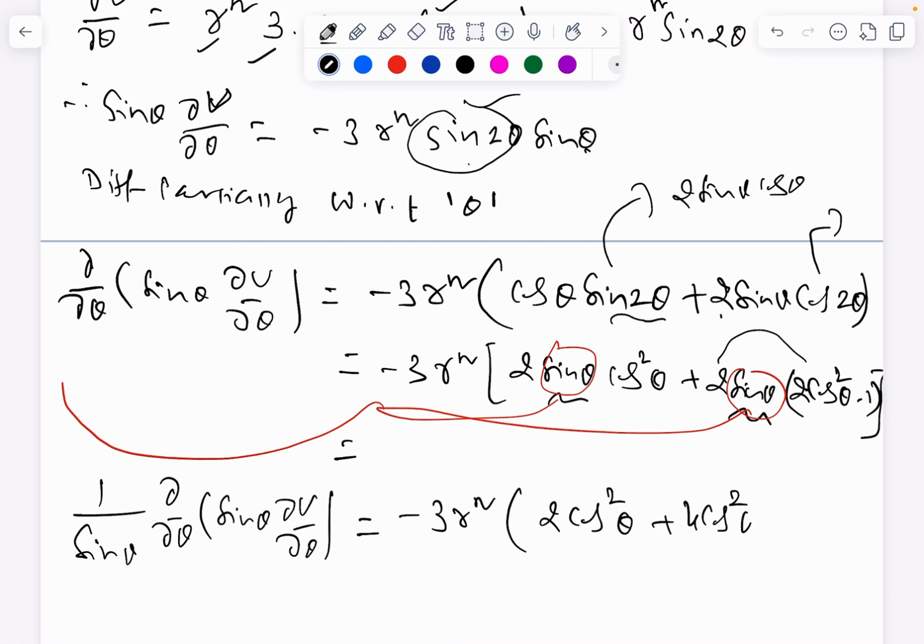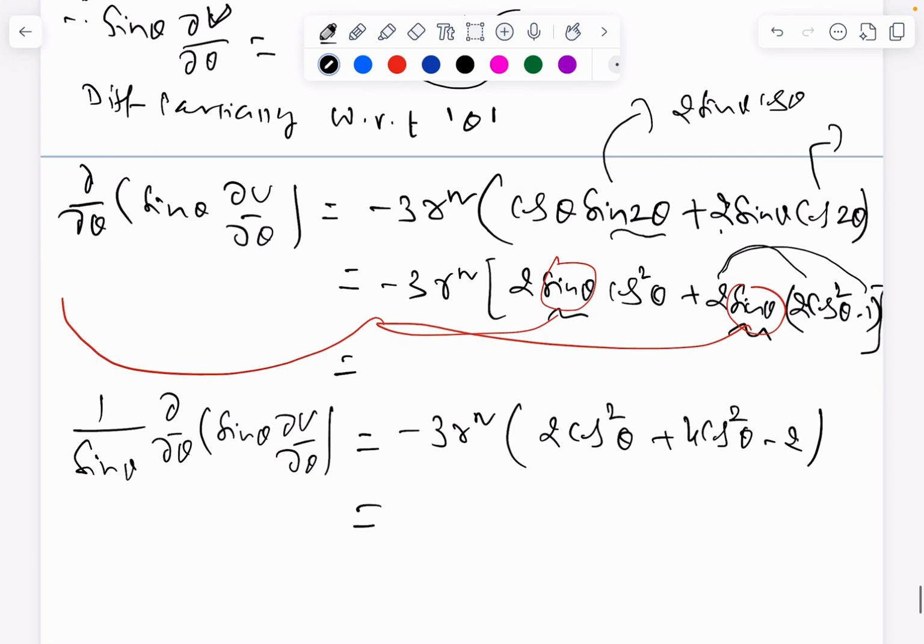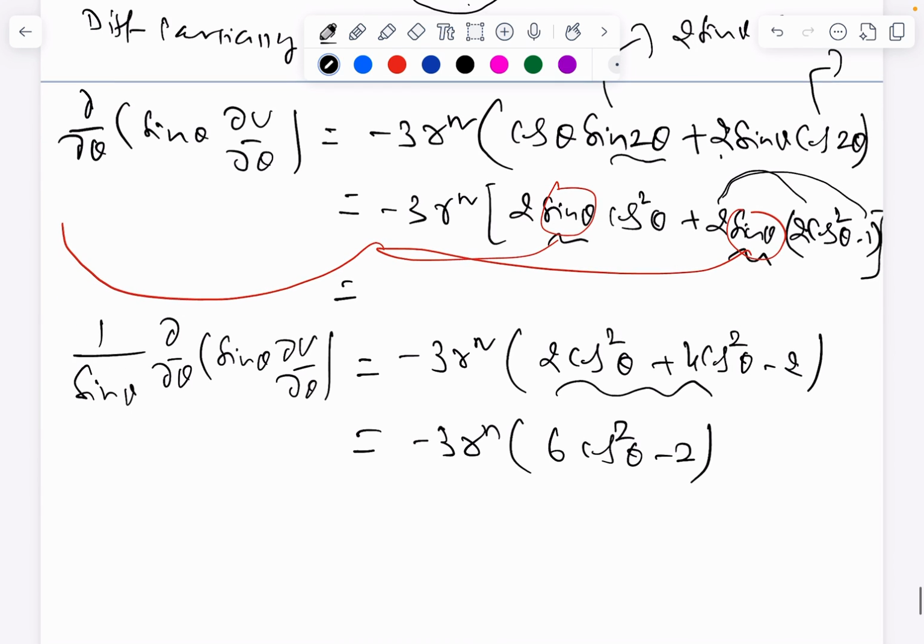So that is 4 cosine square theta and minus 1 and 2 multiply. So minus 2. So this is equal to minus 3 r power n. This is a 6 cosine square theta minus 2. So we can have minus 6 r power n into 3 cosine square theta minus 1.